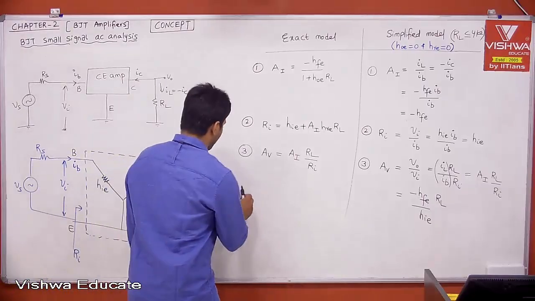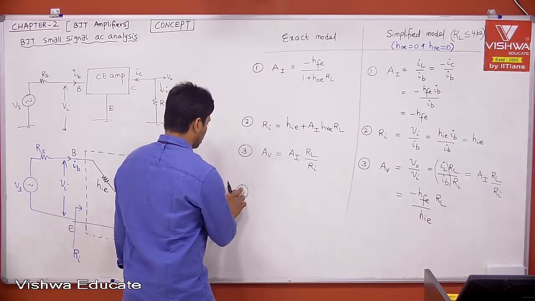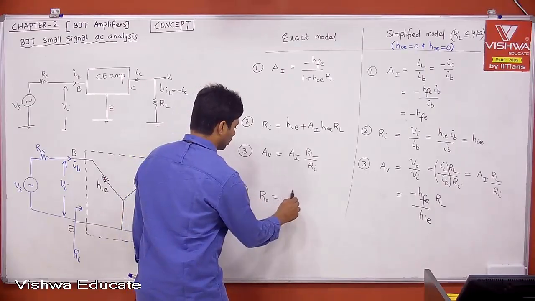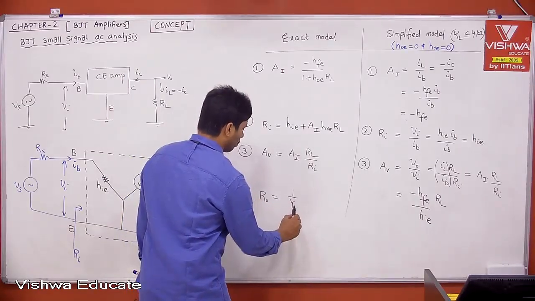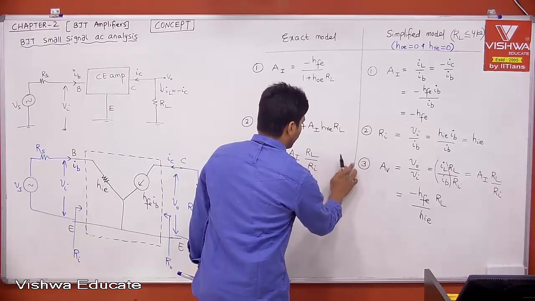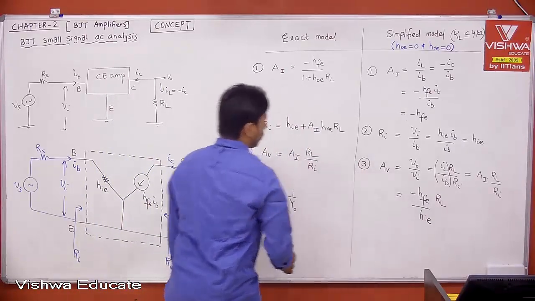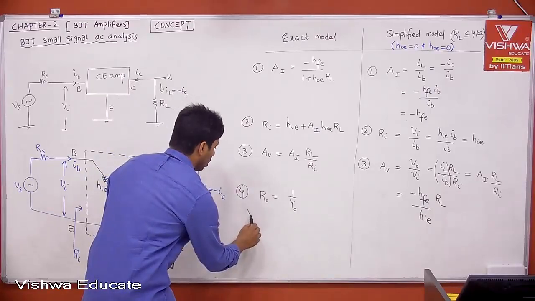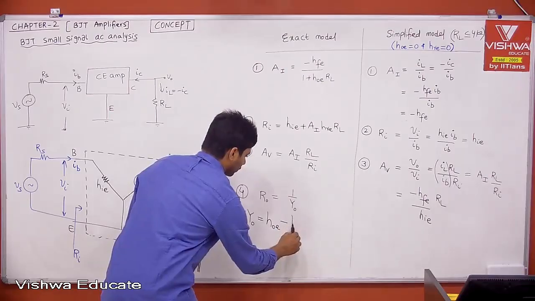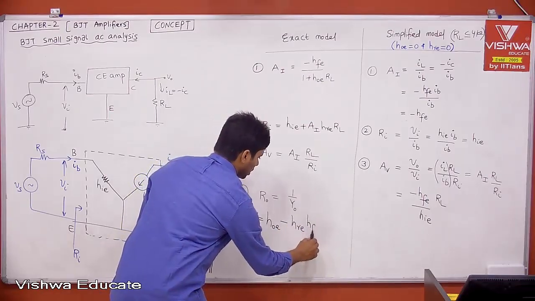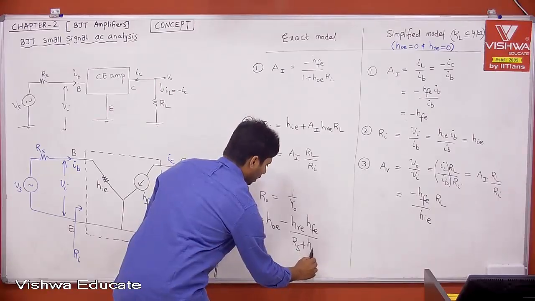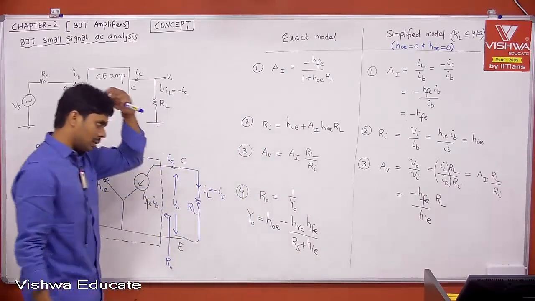Okay, fine. Now the last one, sorry, the fourth one. What is R0? R0 is equal to 1 by Y0. Therefore, what is Y0? Y0 is nothing but HOE minus HRE into HFE divided by RS plus HIE, right?